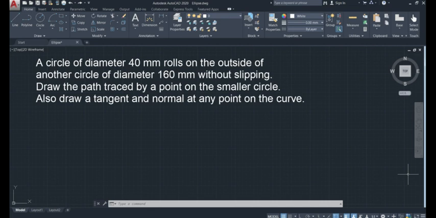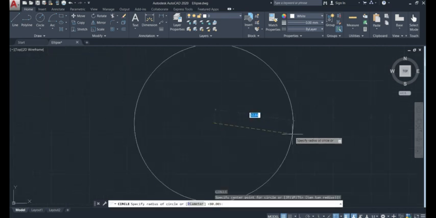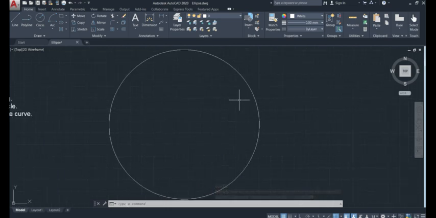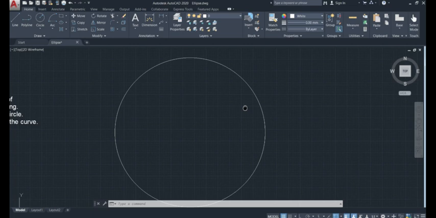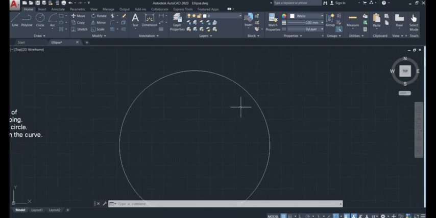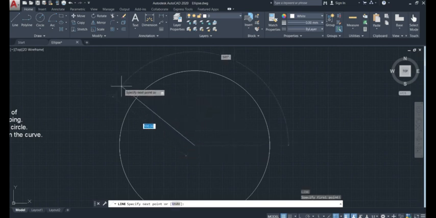First step is to draw a circle of diameter 160 mm, which is the directing circle. Next we can draw the generating circle on the outer circumference of the directing circle. For that we have to draw a straight line connecting the center of this circle, at any angle, with a length equal to the summation of the radii of the generating and directing circles.